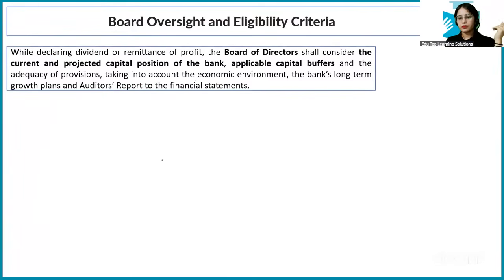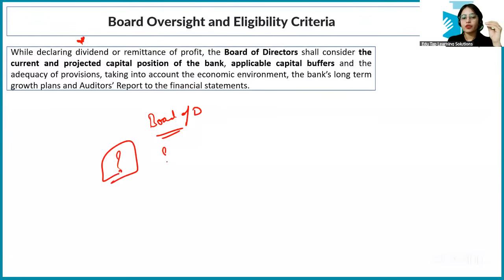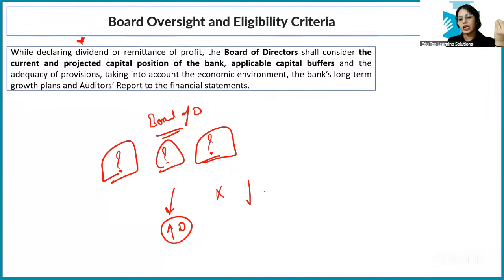So while declaring the dividend, the board of directors have to keep in mind how much capital buffer and how many provisions they have. If they have sufficient provisions, they can declare higher dividend. But if they do not, they will have to declare lower dividend for the shareholders. That is the idea.